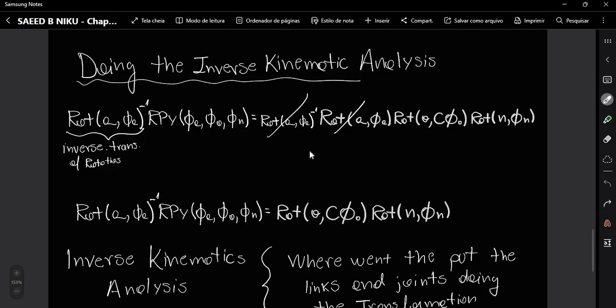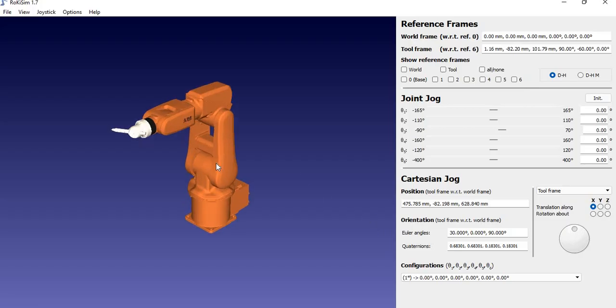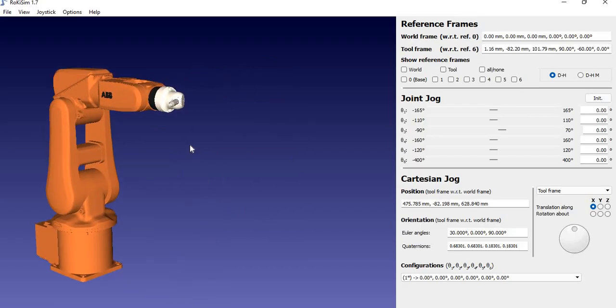I think it will be easier to understand if I show you with an example, with a simulation, seeing this occurring in a robot arm. Visually it is easier to understand. So again, I will use the RoboSim 1.7 version, and I will try to illustrate this with this robot arm.